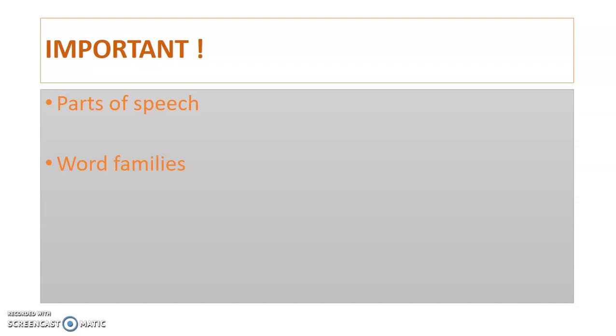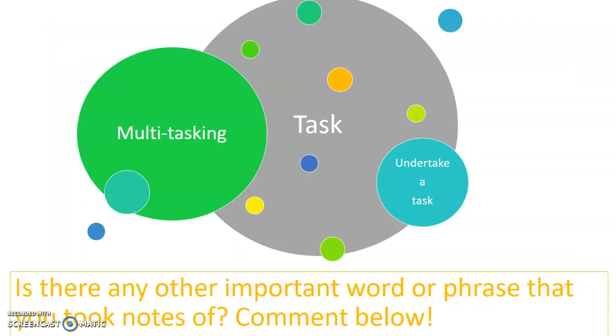So I'm going to talk about the importance of building word families for you. The way I study vocabulary is this. So I highly suggest this to you as well. So we learned the word task in the previous task, remember? And the related word that was in the exercise was multitasking.